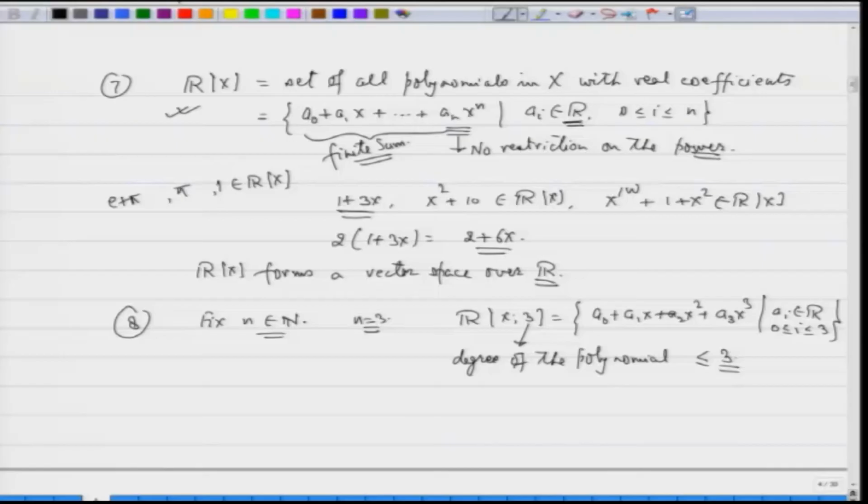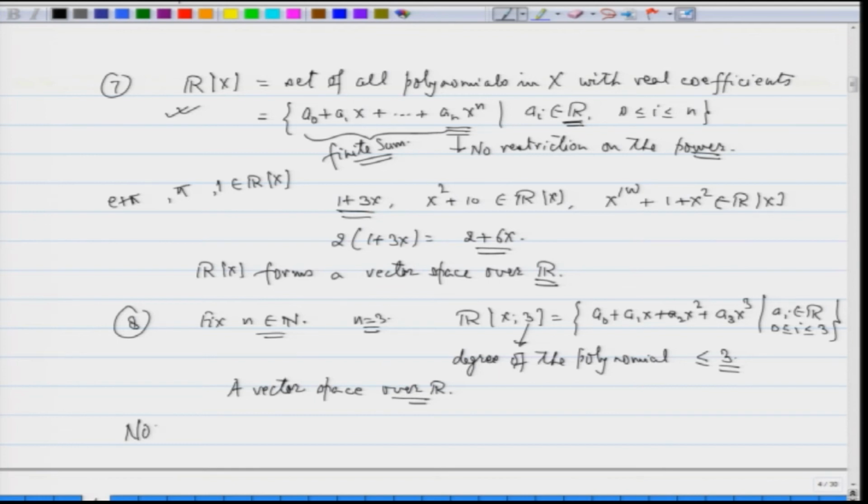This is important. I am just adding two vectors, so I am adding only polynomials of degree less than or equal to 3, and therefore it makes sense. Similarly, scalar multiplication makes sense. So, this is again a vector space over R.